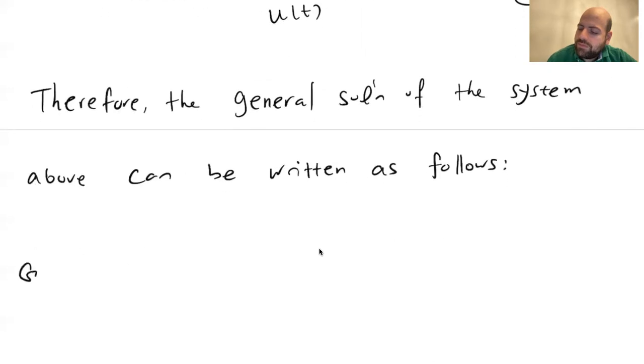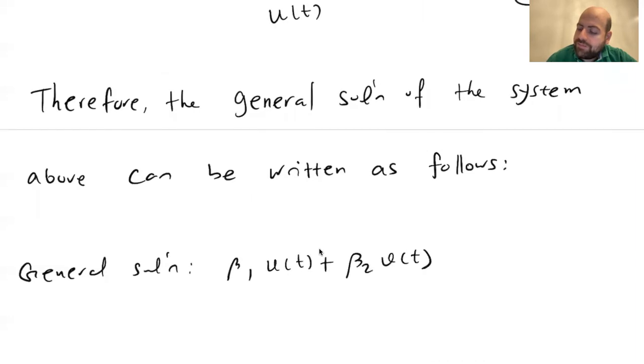So the general solution is beta 1 times u of t plus beta 2 times v of t.